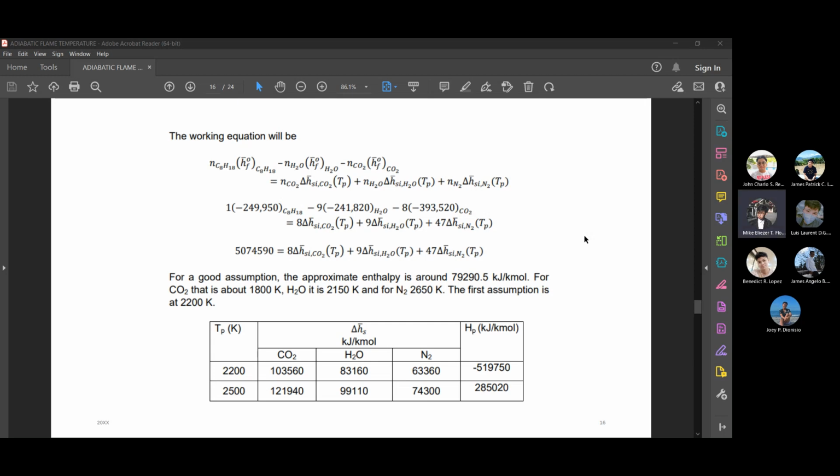For a good assumption, the approximate enthalpy is around 79,290.5 kilojoule per kilomole. For carbon dioxide, that is about 1,800 Kelvin, water is at 2,150 Kelvin, and nitrogen at 2,650 Kelvin. The first assumption is at 2,200 Kelvin, as can be seen in the table.